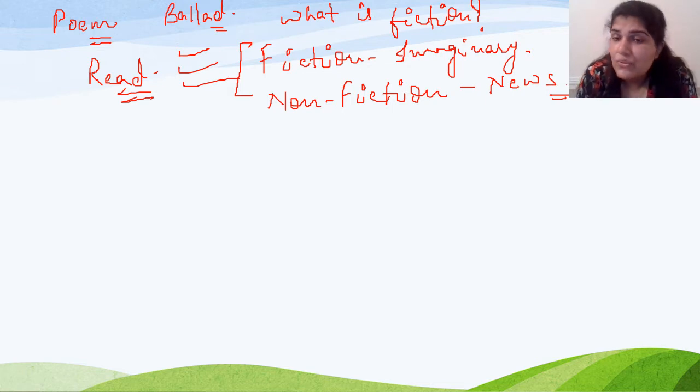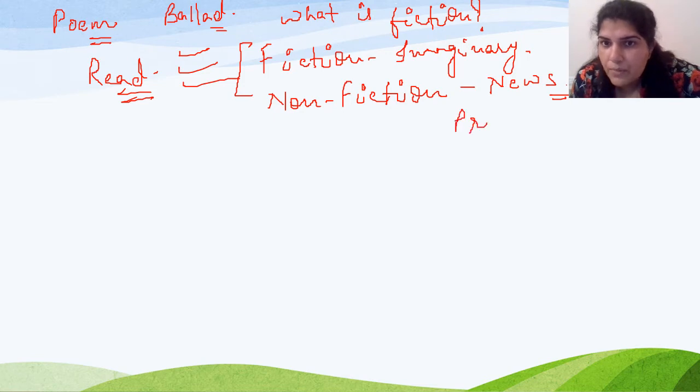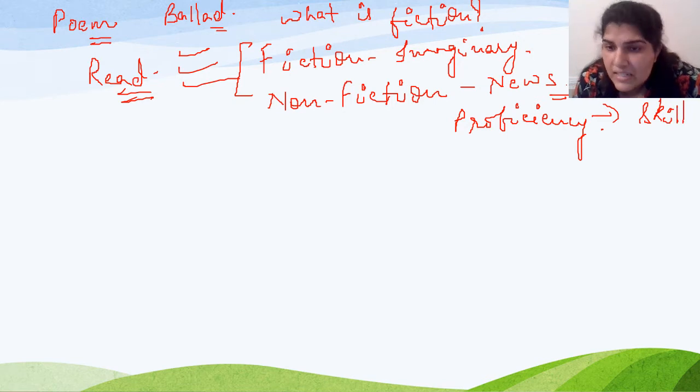We need to read newspapers to improve the proficiency of a language. So, what do you mean by the word proficiency? We mean by the word proficiency a skill or ability to do something. When we say language proficiency, we mean a skill or an ability of language.